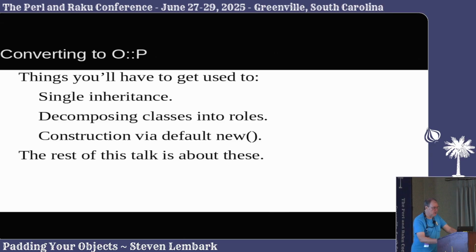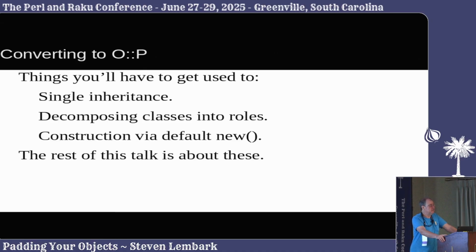So a couple of things you're going to have to just accept. They're part of it. One is single inheritance. Everyone agrees diamond inheritance is a pain in the ass. One of the bad things that C++ foisted on us was all that diamond inheritance and the rest of it. There is only one fix for it: single inheritance.